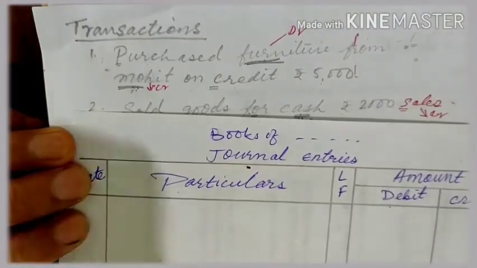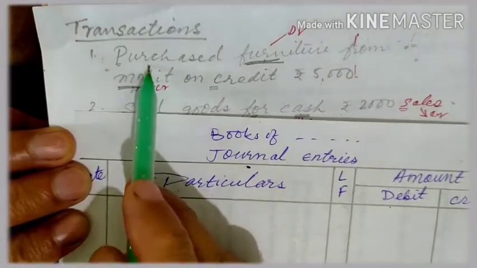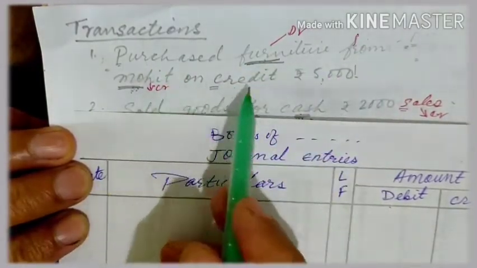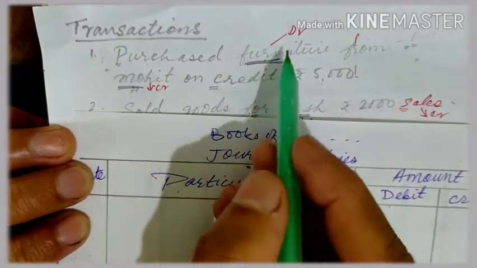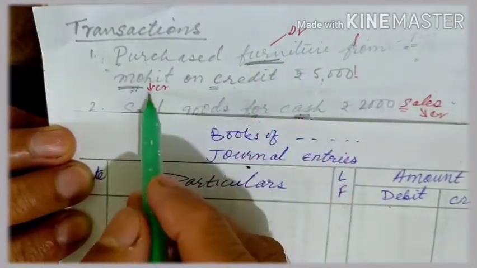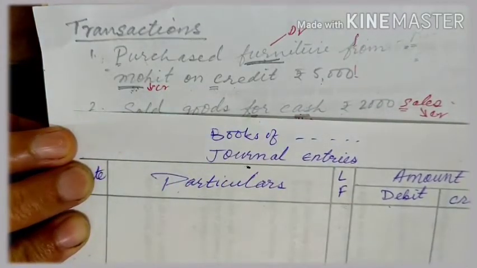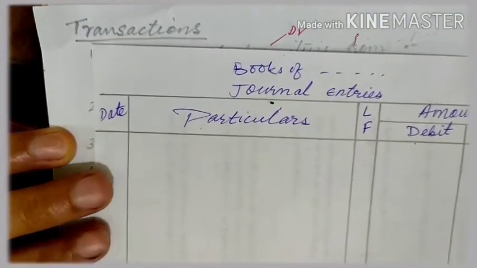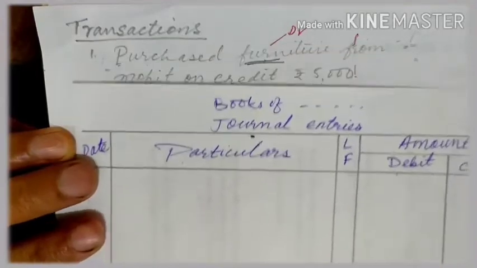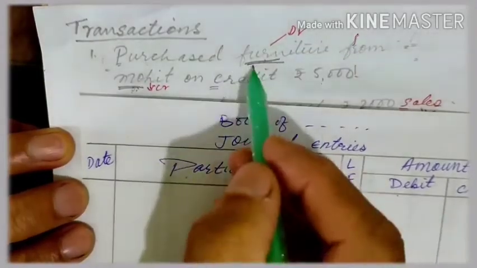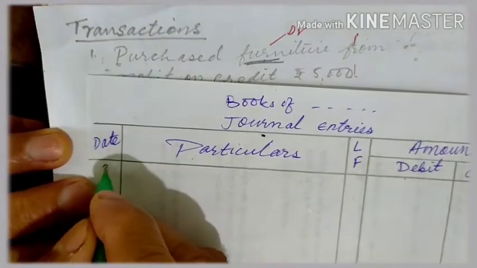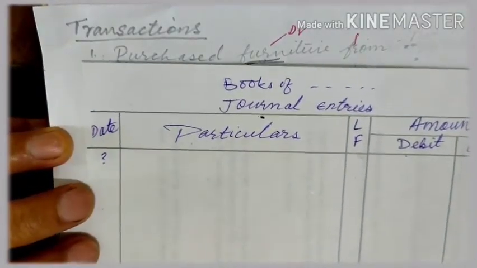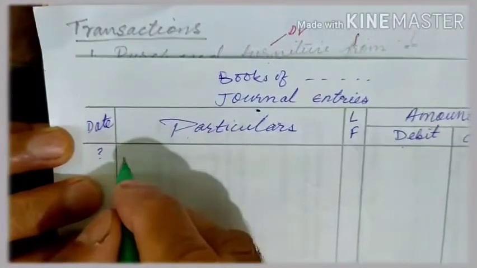Now let's take the first transaction. The first transaction is purchase furniture from Mohit on credit rupees 5000. We have already found out the debit aspects and the credit aspects. So we'll be writing this debit aspects and credit aspects in the journal. So your journal will always start with the debit aspects. Here the debit aspect is furniture. So since the date is not mentioned, I put the question mark here. So your debit aspect is furniture.